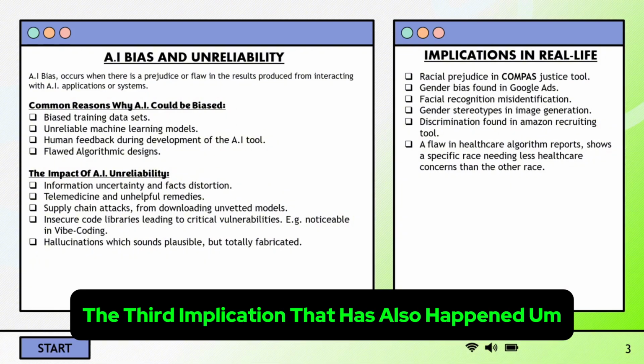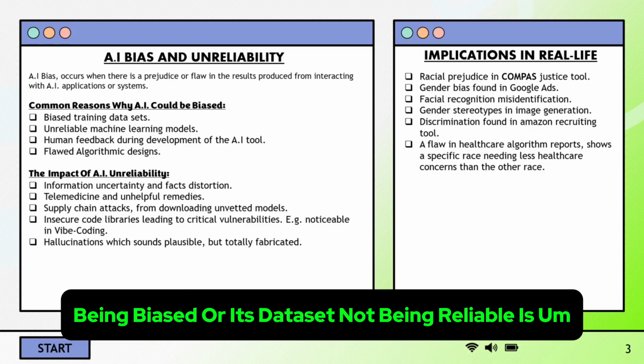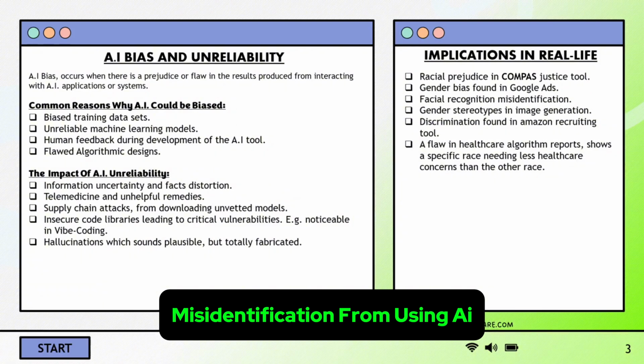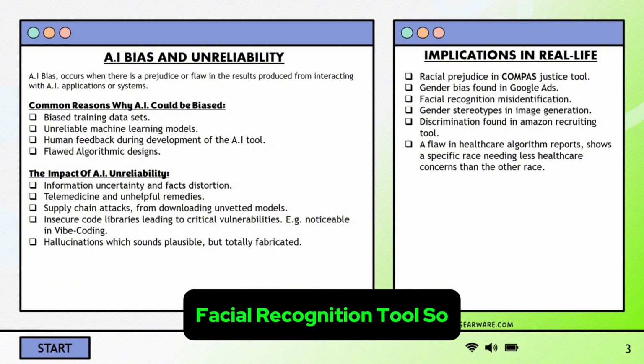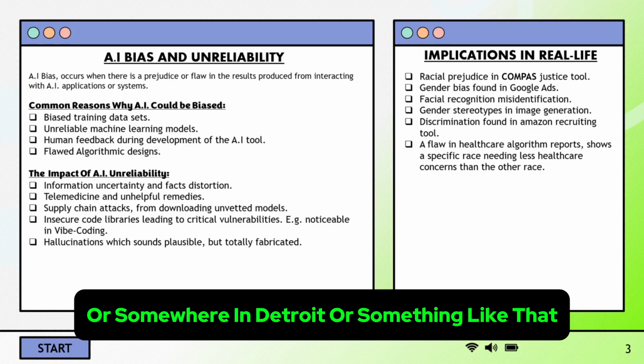The third implication that has also happened in real life as a result of AI being biased or its data set not being reliable is that a few years ago, there was a facial recognition misidentification from using an AI facial recognition tool. This tool was given an image to identify a criminal somewhere in Detroit or something like that.